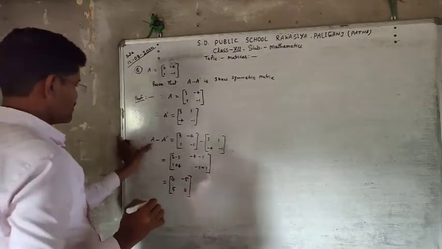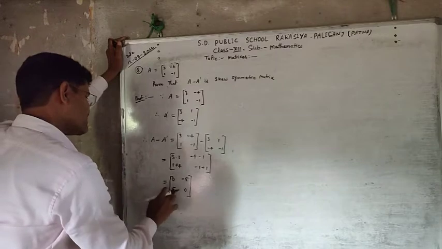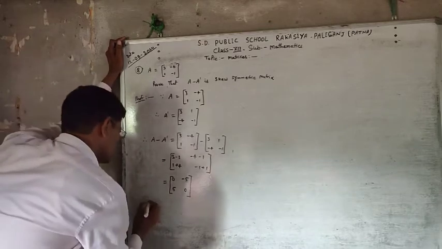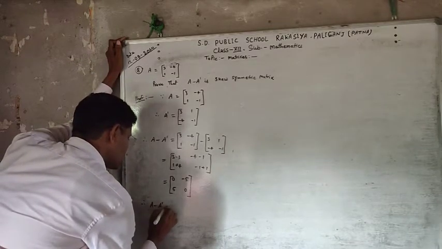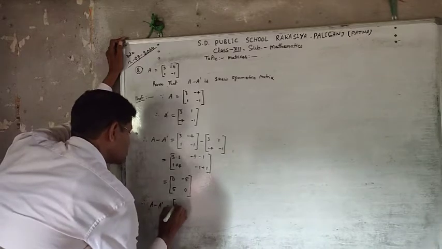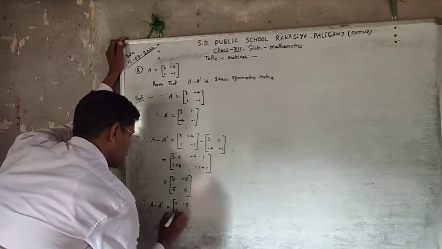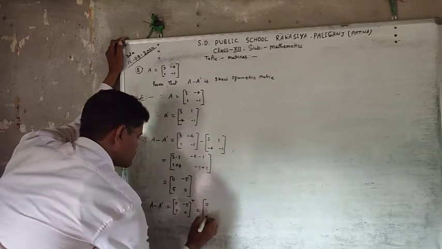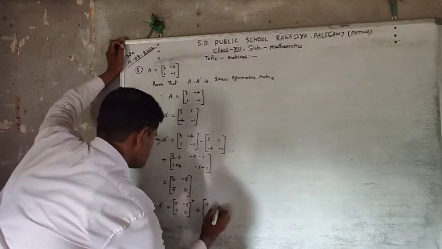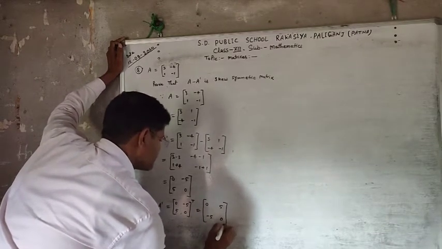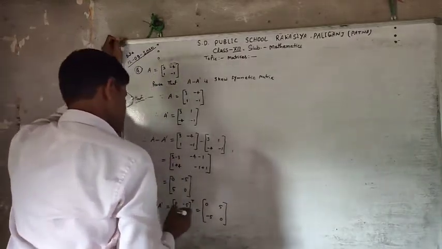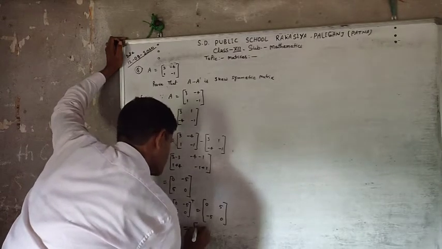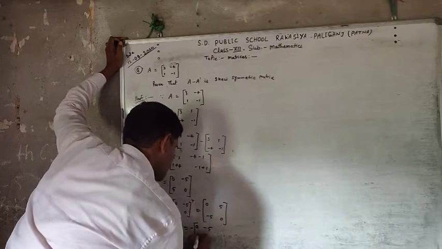Now we have to find the transpose of A minus A transpose. Therefore, A minus A transpose can be written as 0, minus 5, 5, 0, and its transpose is 0, 5, minus 5, 0. If we take minus common from this matrix, then we can write minus of 0, minus 5, 5, 0.